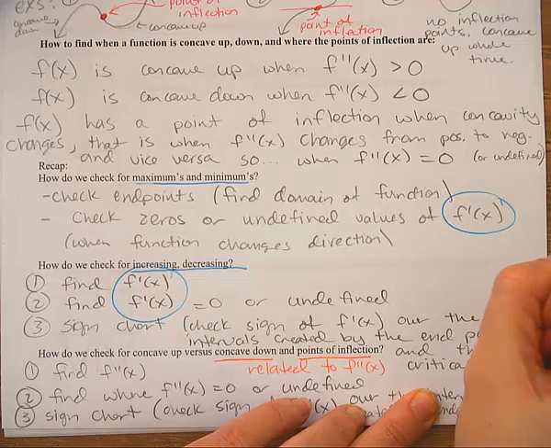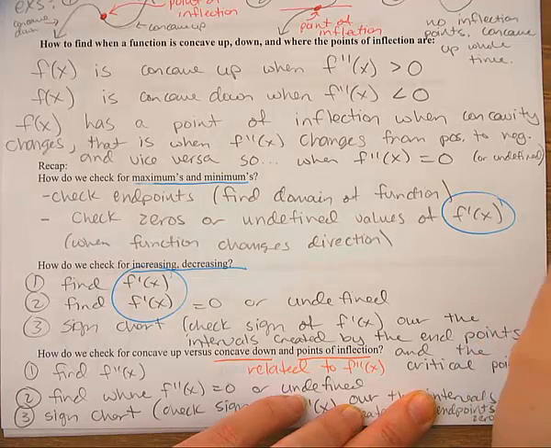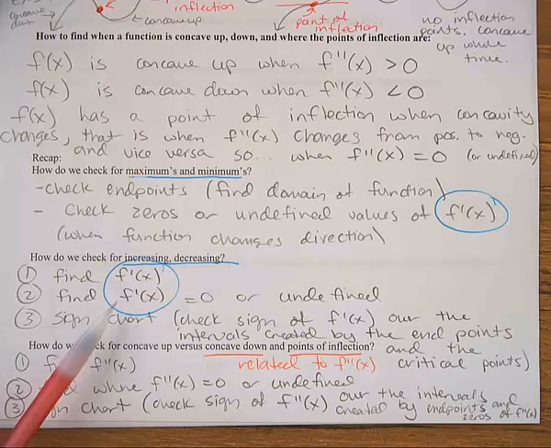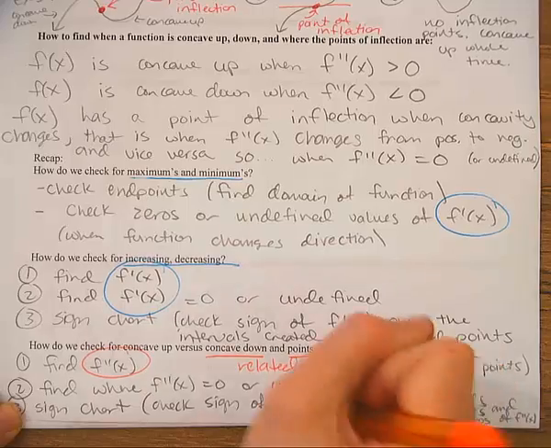So I can't really squeeze in undefined. So just know that the zeros of f double prime of x also include where f double prime of x is undefined. So notice it's the exact same 3 steps. The only difference is when you're trying to find concavity, you're using the second derivative, instead of the first.